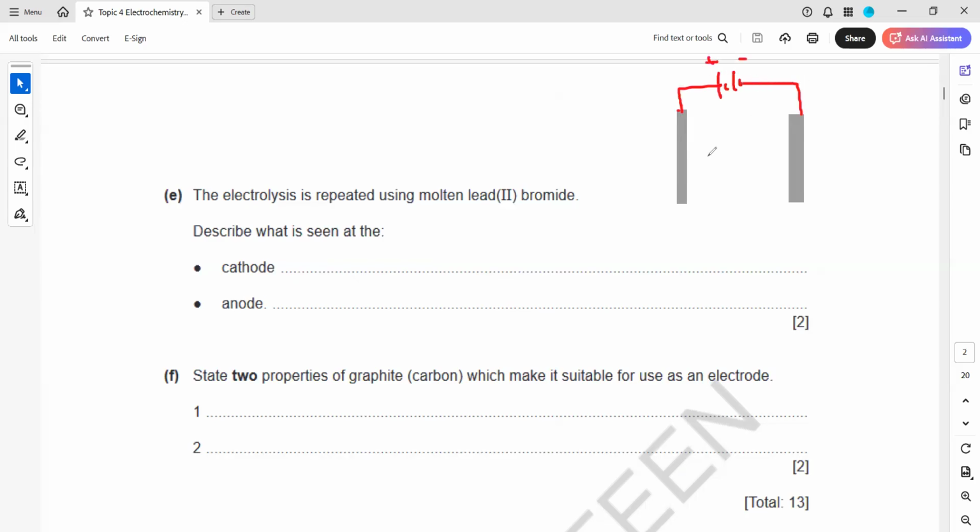So it's a positive and a negative ion, and it contains the lead(II) ion, Pb with a charge of 2+. The B should be small because only the first letter of the symbol is capital; the second should be small. And the bromide is Br with a charge of -1.